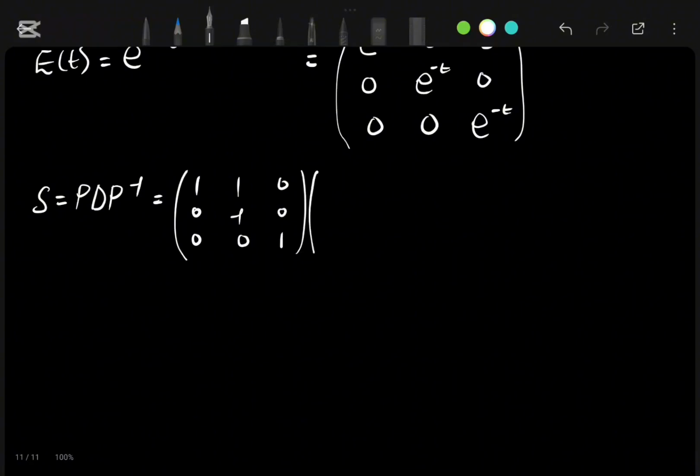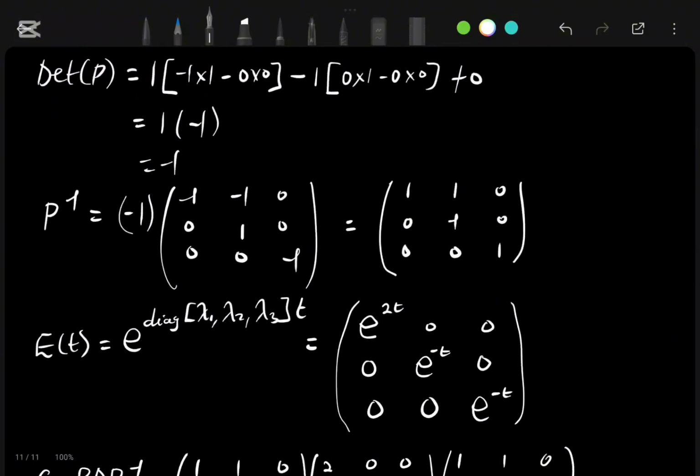Our D, which is given by 2, 0, 0, 0 minus 1, 0, 0, 0 minus 1. And our P inverse, which is also given by 1, 0, 0, 1 minus 1, 0, 0, 0, 1. I think that's what we have.